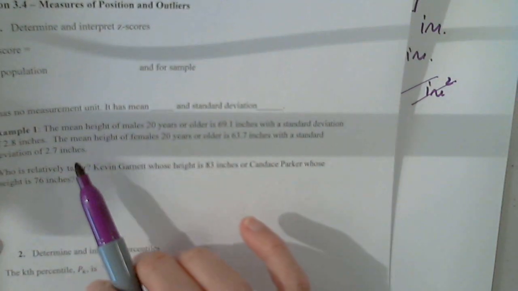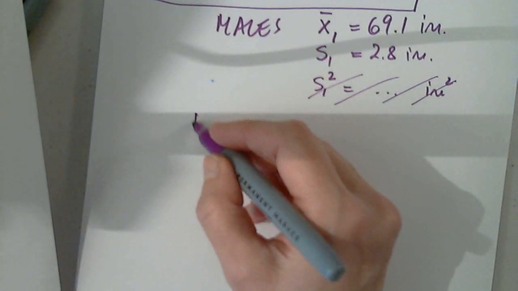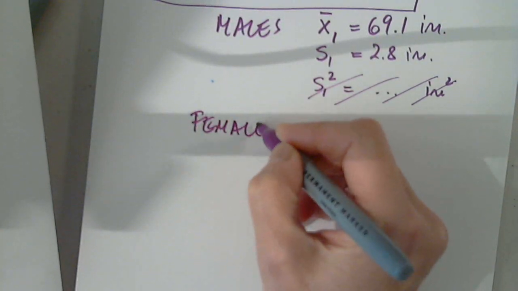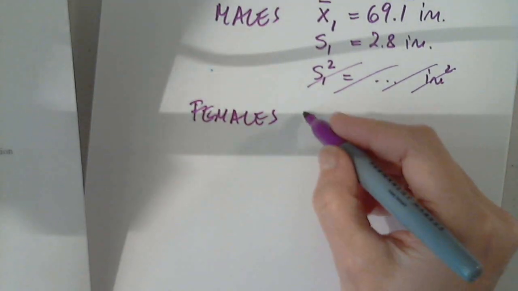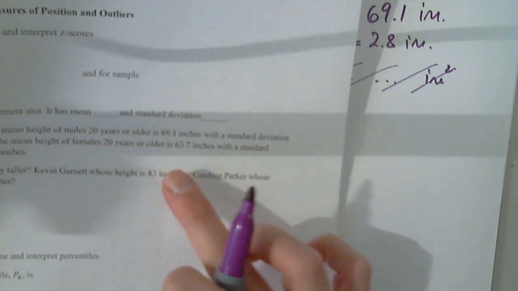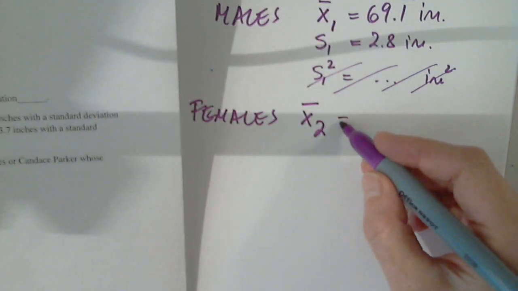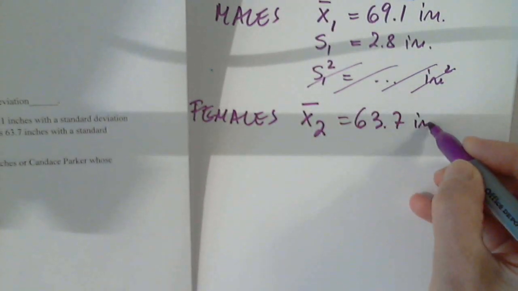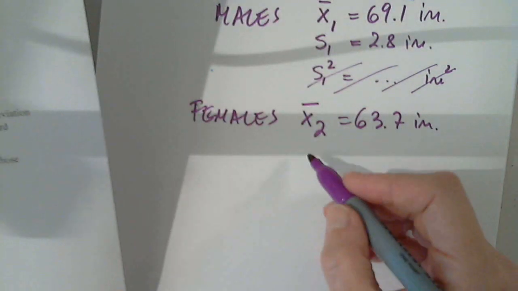The mean height for females, to differentiate, I'm going to call it x bar 2 for sample 2. 20 years or older is 63.7 inches. And the standard deviation of 2.7.